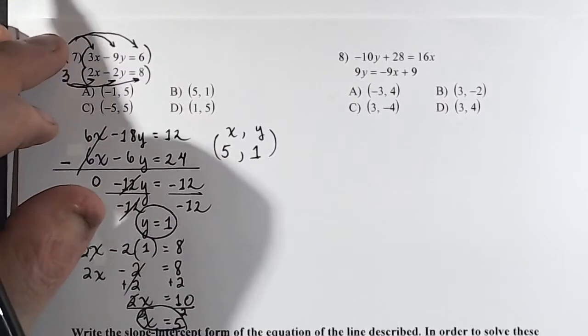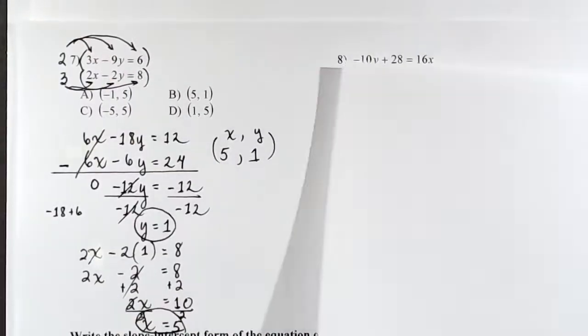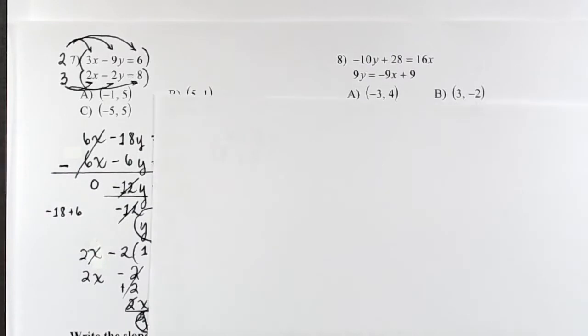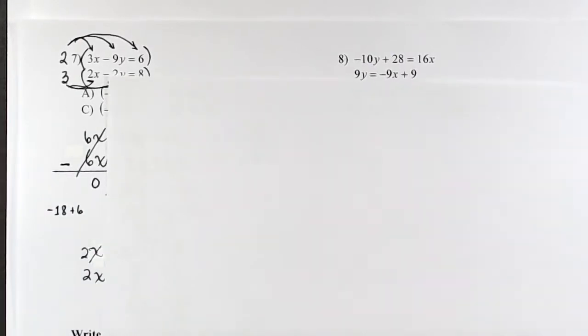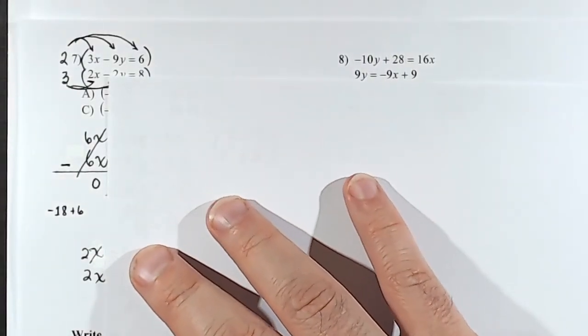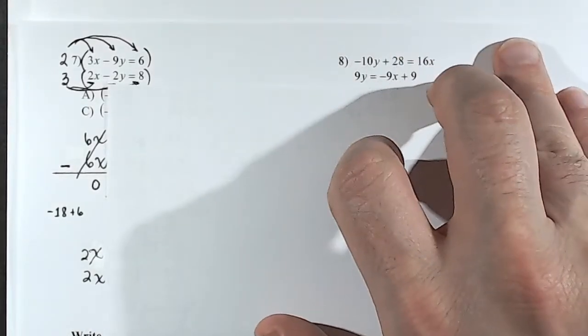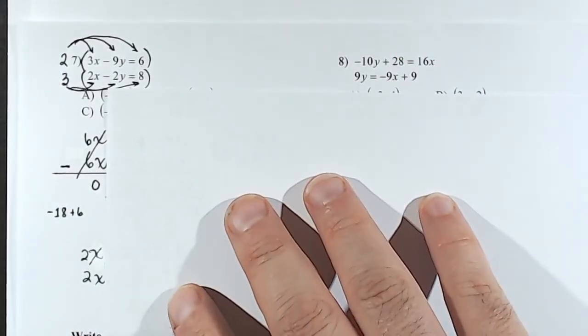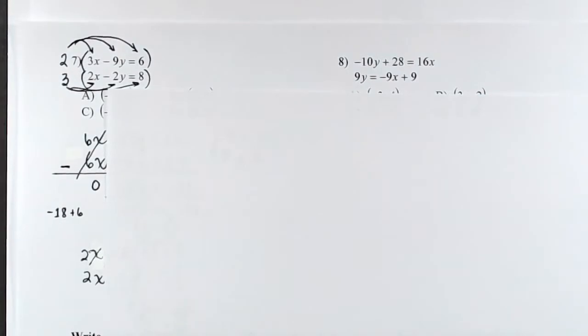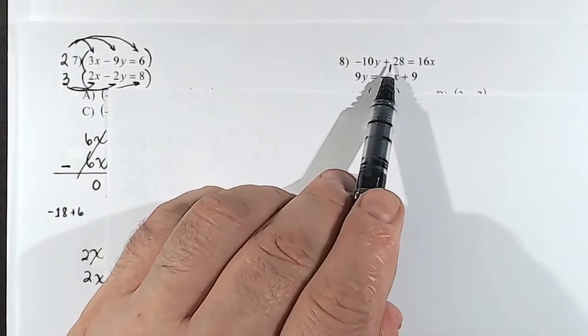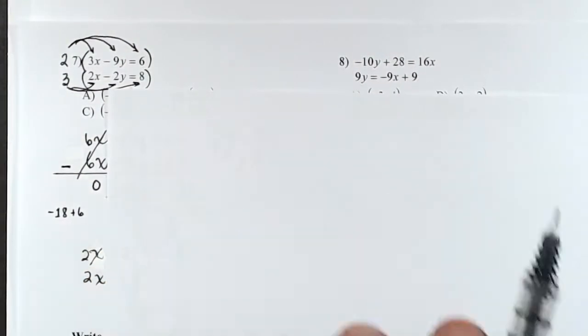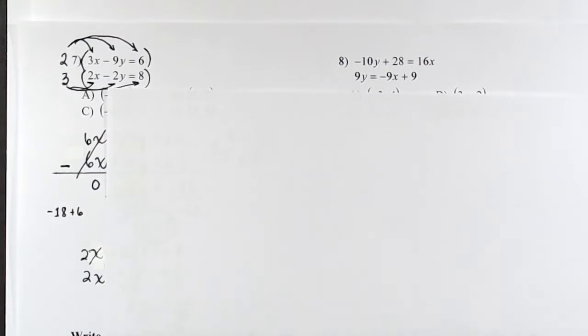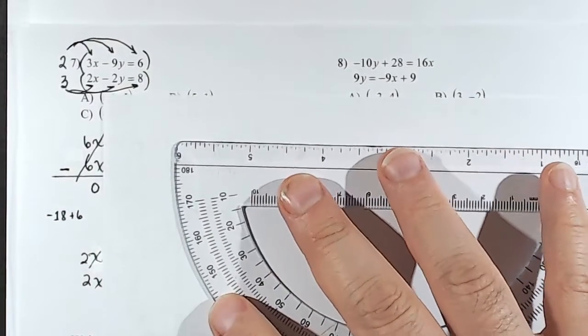Number 8 is going to require some scratch paper because the form of my equation isn't equivalent. I have negative 10y plus 28 equals 16x, and then I've got 9y equals negative 9x plus 9. So one thing we could do is simply subtract 28 from both sides of the top equation, and then we'd have at least an equivalent form.